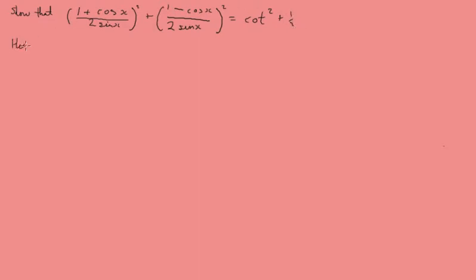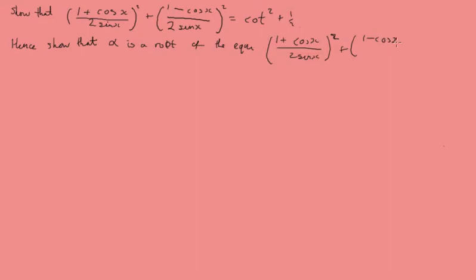And hence, I want to show that alpha is a root of this equation, ((1 plus cos x) over (2 sine x)) all squared plus ((1 minus cos x) over (2 sine x)) squared equals x.